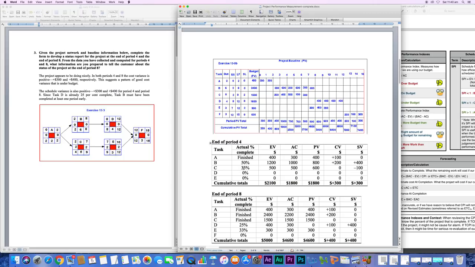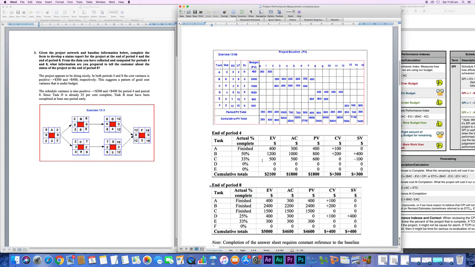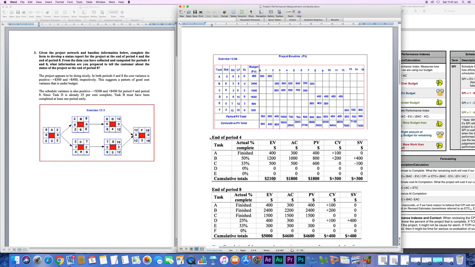Okay, then activity C, it's 1/3 completed. What's the original budget? It's from the project baseline. It's here for activity C, 1,500. 1/3 of that is 500. I know it's rough, it's not exact, but it's good enough. And then activities D and E haven't even started yet, so actual percent complete is 0, and we just put 0 in the earned value, and we add it all up and we get a total cumulative earned value.